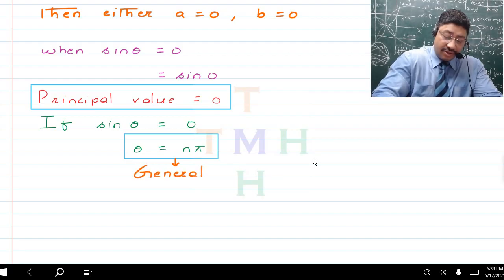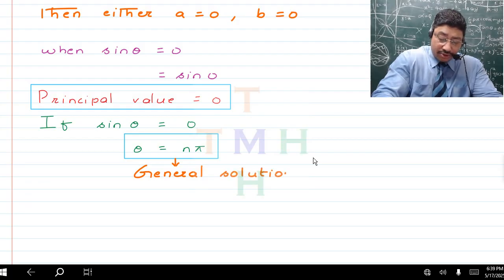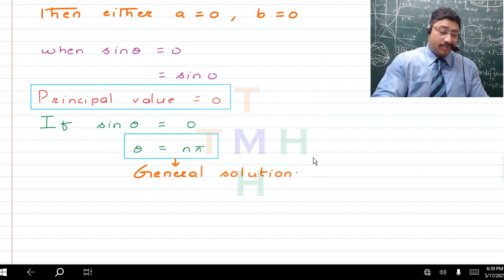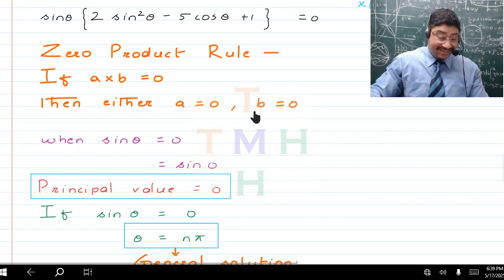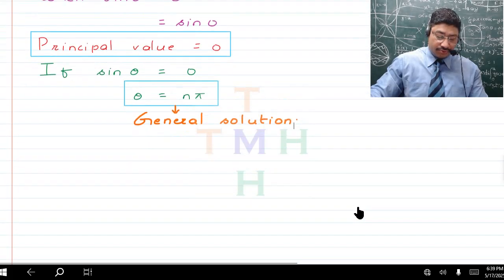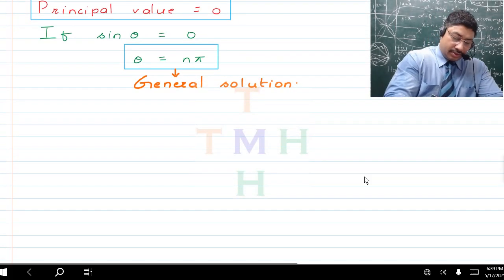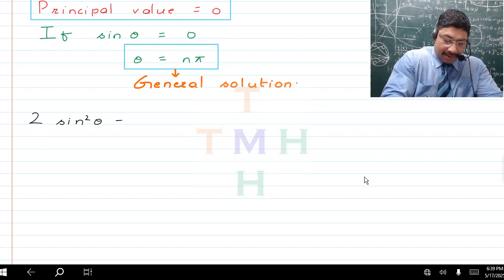Now remember, children, we also have another part which is left out, and now we're going to talk about it. If we now talk about the second part of this equation, by the zero product rule we are going to put 2 sine square theta minus 5 cos theta plus 1 equal to 0.